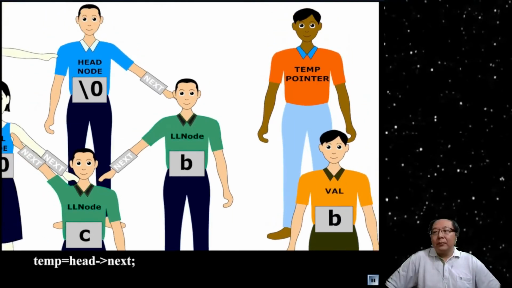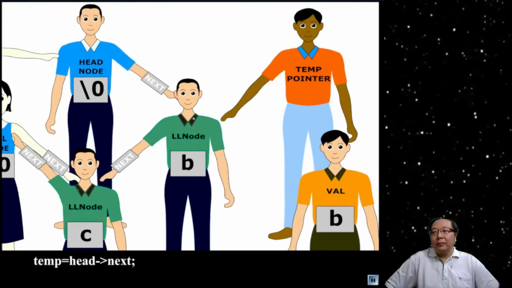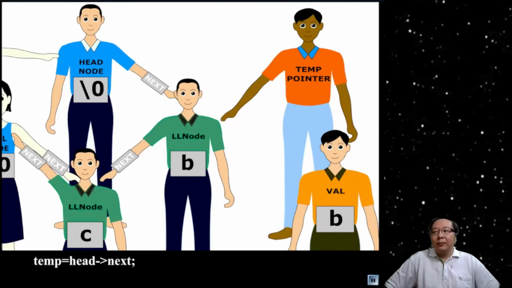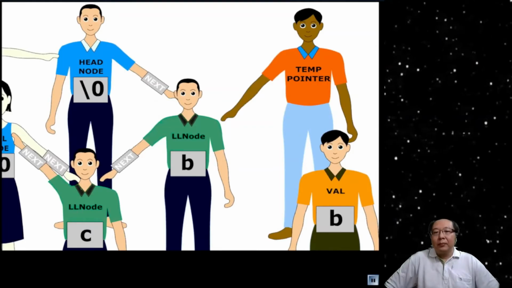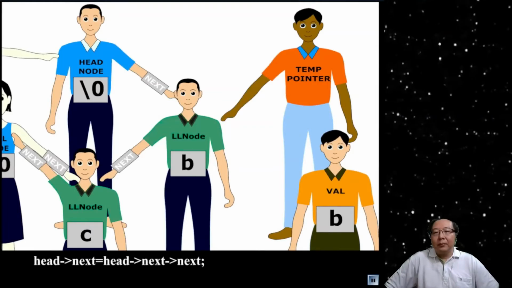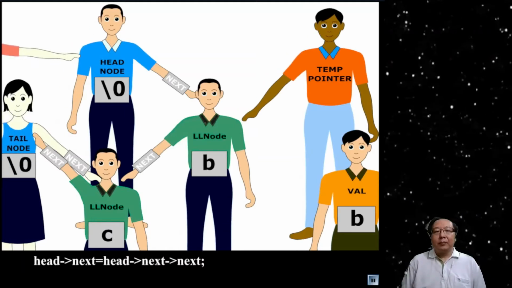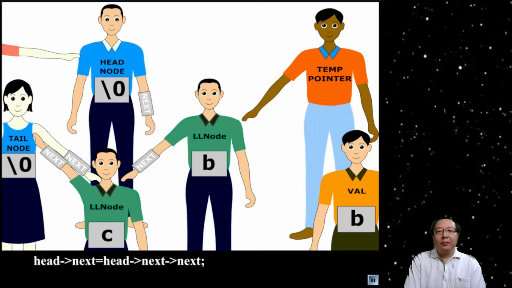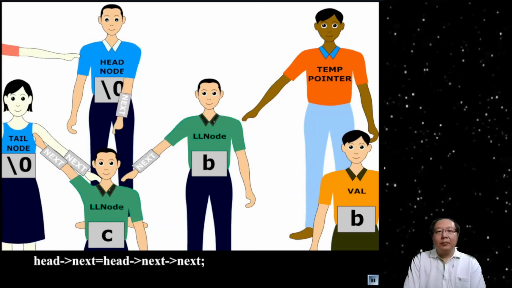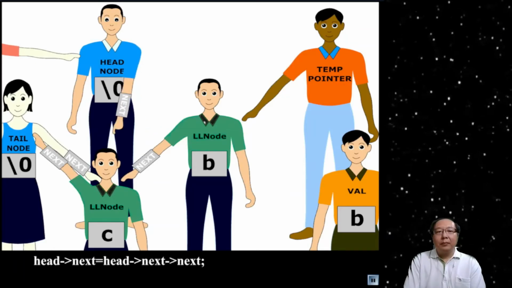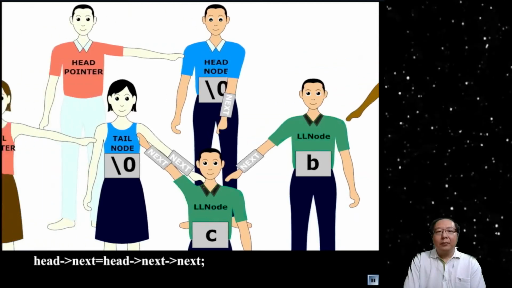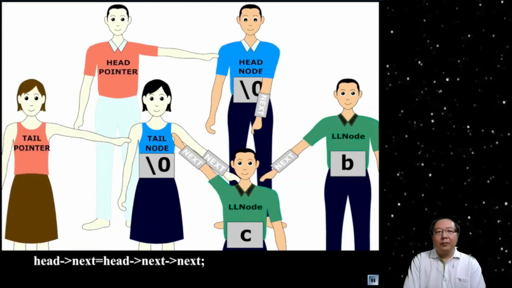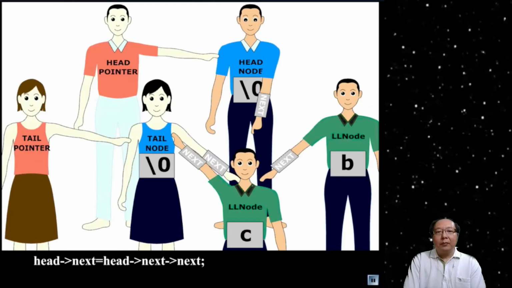We point temp at head arrow next so that we can find it to free it later. We want to make the head node skip the old first value. So, we make head arrow next point to head arrow next arrow next. So now, you can see we have skipped the original first node on the list with the B in it.